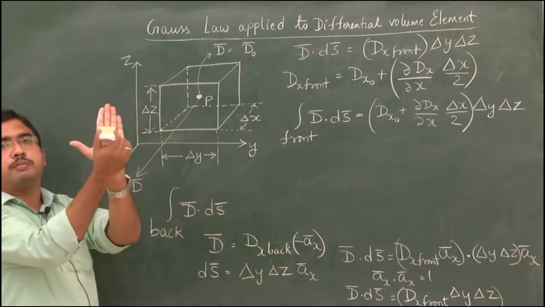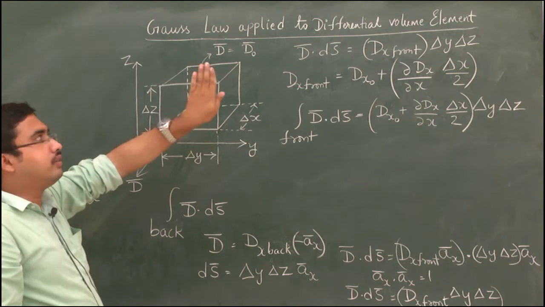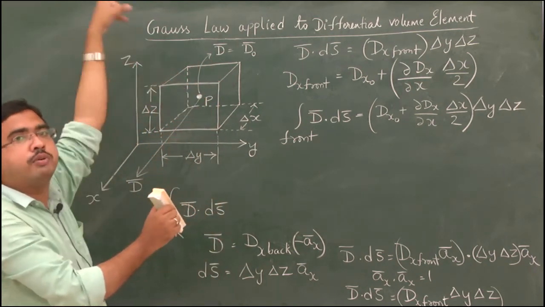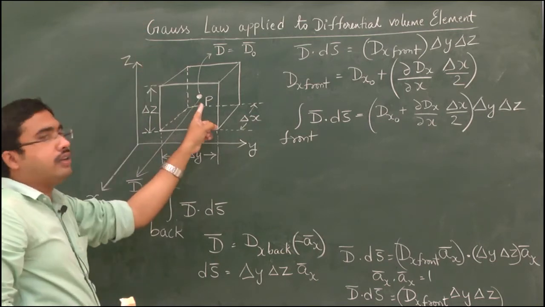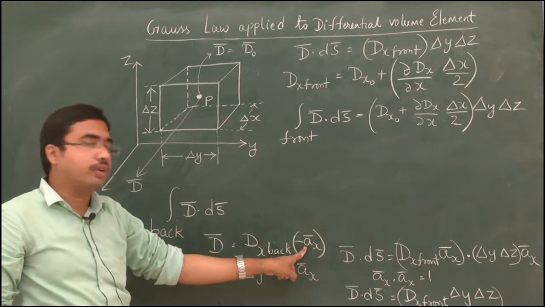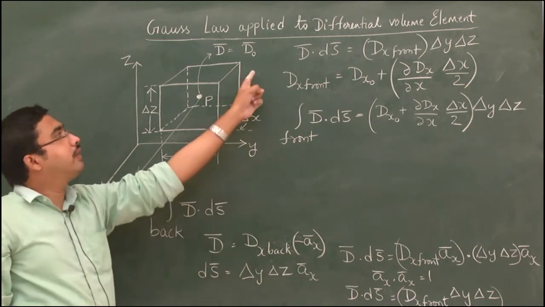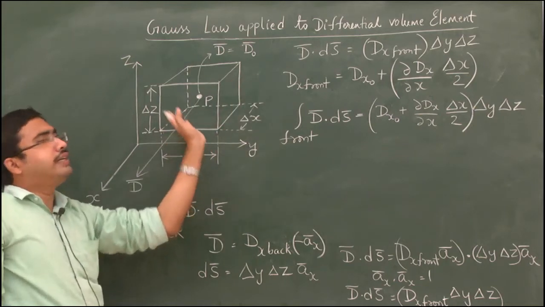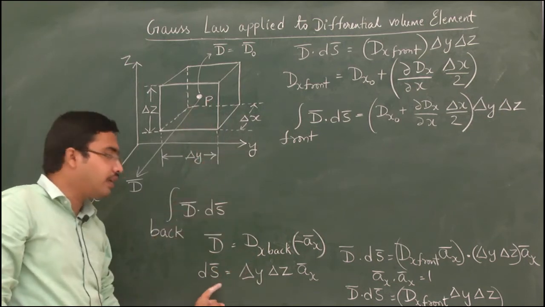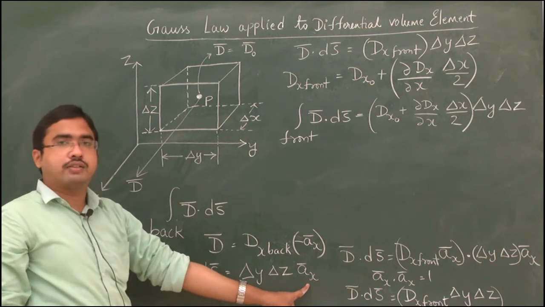Front side is perpendicular towards plus x, and for the back side D bar will be perpendicular towards the opposite side. So front side plus ax, back side minus ax. Okay, this is the value. Next, both front and back are same dimension surfaces, so the surface area for the back side is also delta y delta z into ax.